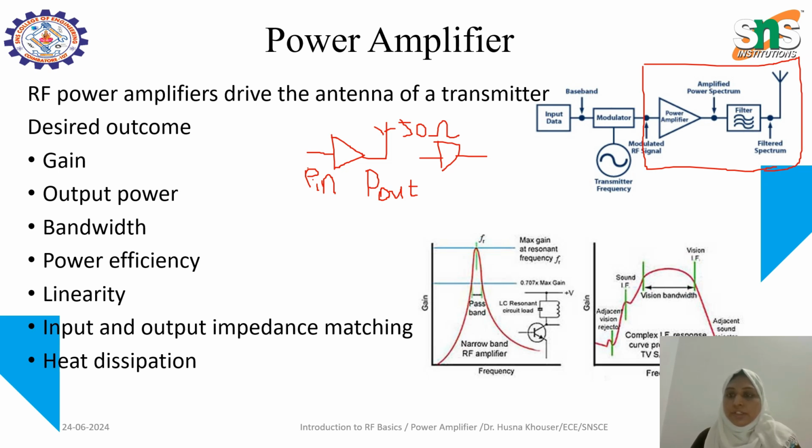This filter will attenuate the external signal, and it will act as an impedance matching. Whatever the output of this amplifier is, when it is feeding, it will feed the power at the amount of impedance required directly to this antenna.